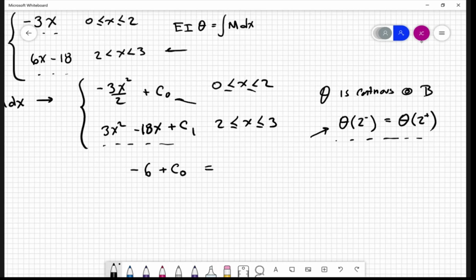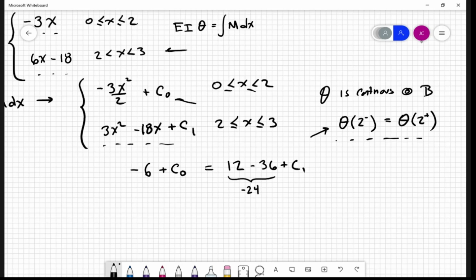So we get 4 times 3 is 12 minus 36 plus C1, so this is minus 24.